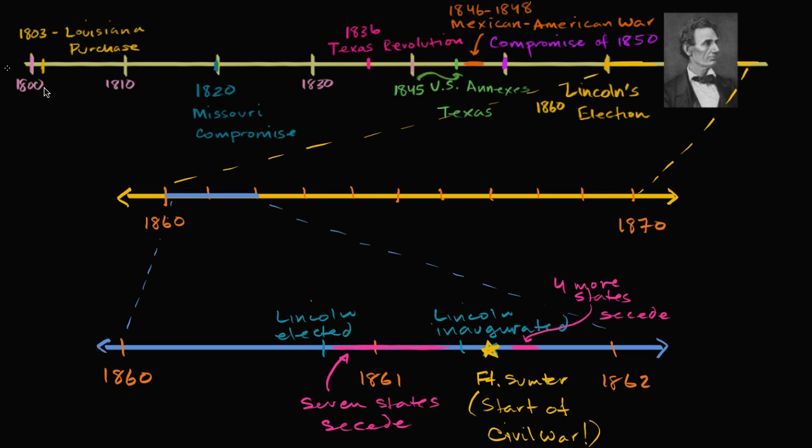So Lincoln is elected in November of 1860, but this is before we have our modern election timeline, when presidents take office in January. Presidents in this time period didn't take office until March. So there's this huge lame duck period where everyone's wondering what's going to happen when Lincoln actually takes the presidency.